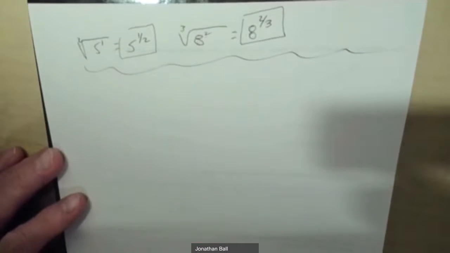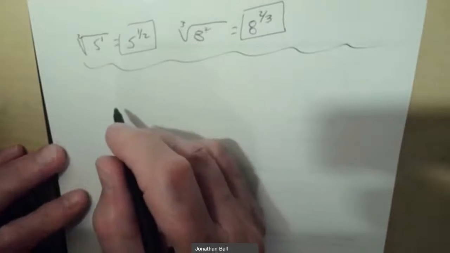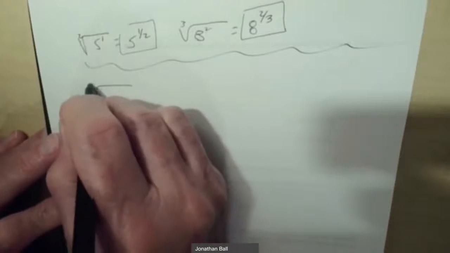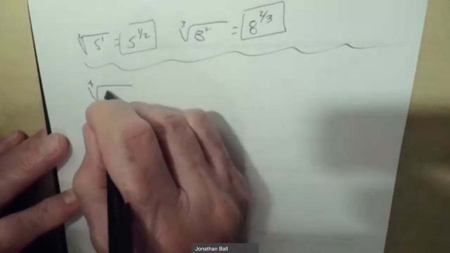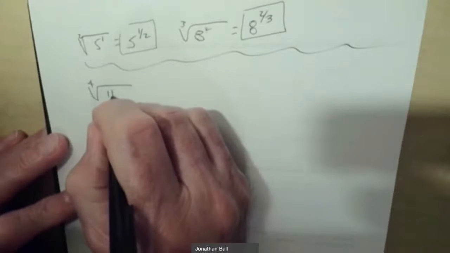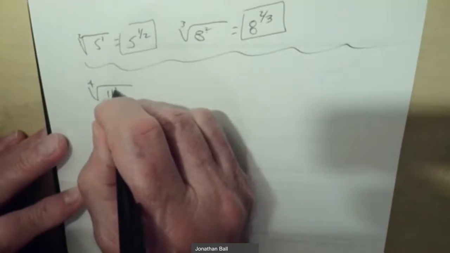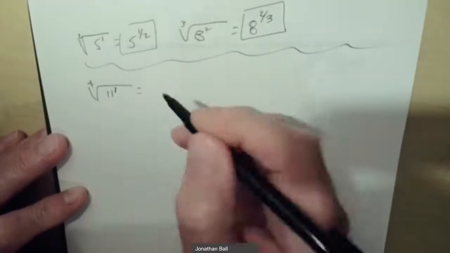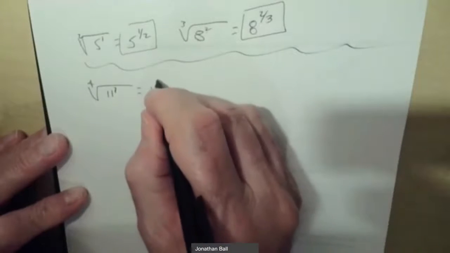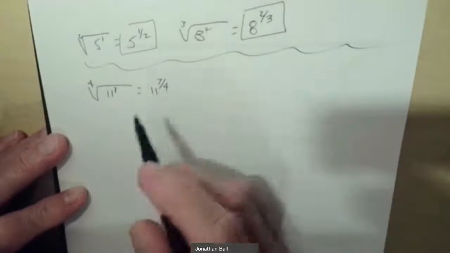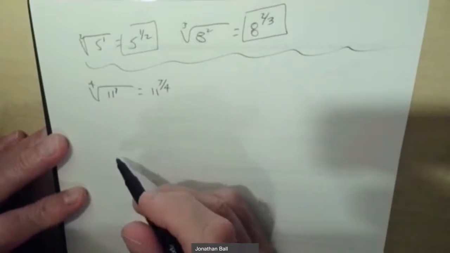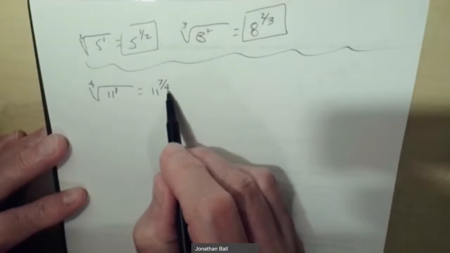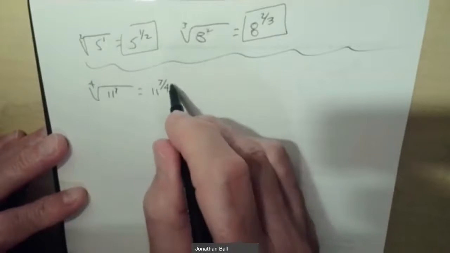And if we have the 4th root of 11 to the 7th power, that would be 11 to the 7/4. Exponent of the radicand, and the denominator is the index.